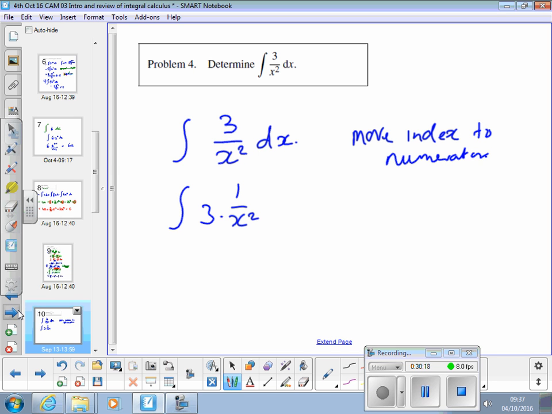So we can bring this up to the top: the integral of 3x to the minus 2. We bring it to the top and change the sign. So the integral of that will equal minus 3 over x plus c.